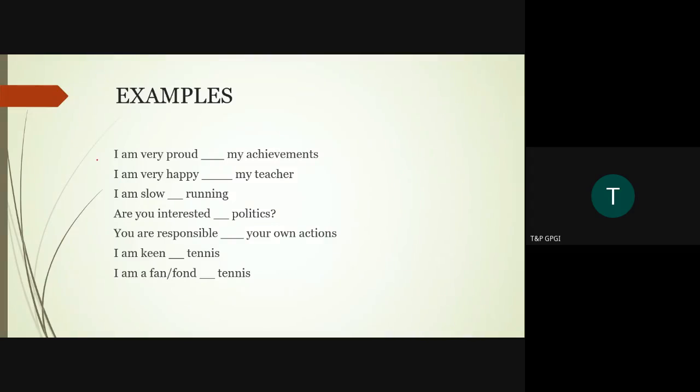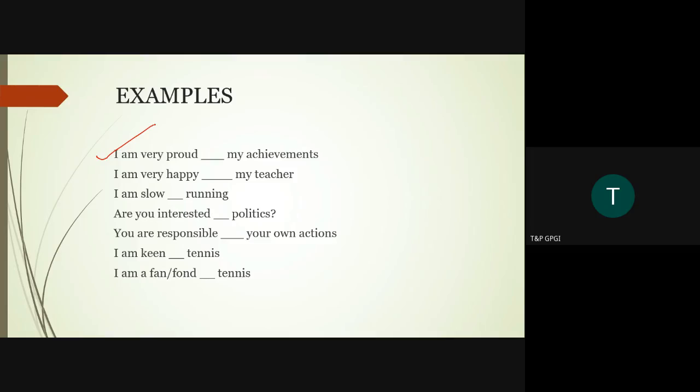Okay. So the first example is: I'm very proud dash my achievements. Can anybody guess what will come here in the blank space? I'm very proud dash my achievements.